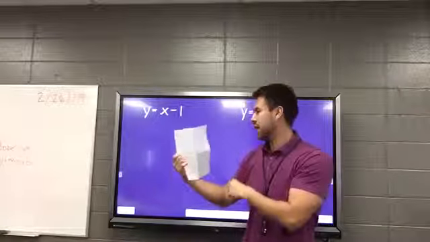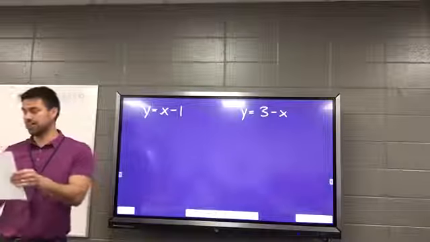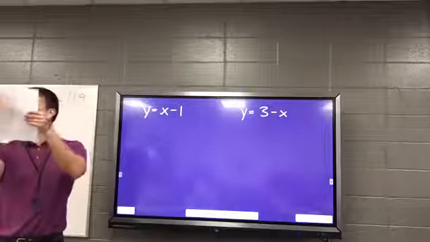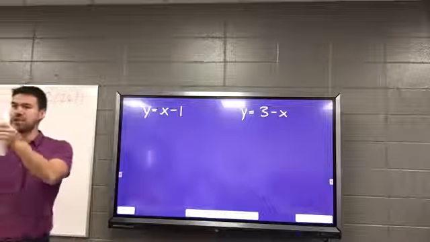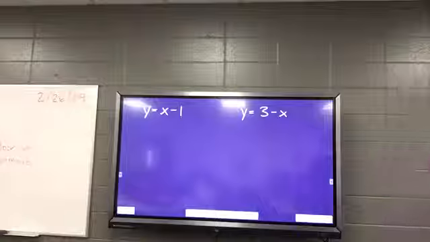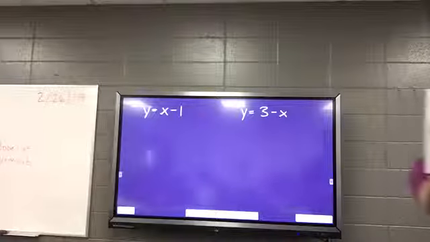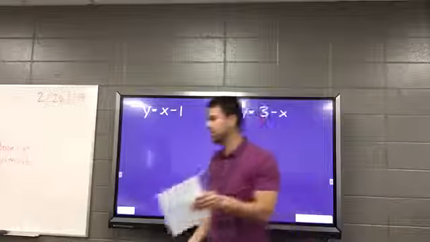Okay, and I want you to draw this first problem on the top left. So you're going to give me a coordinate plane, 5 by 5, 5 in each direction. So here on the top left, a 5 by 5. Go ahead and start that up.